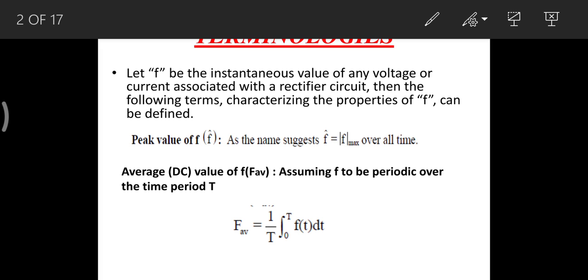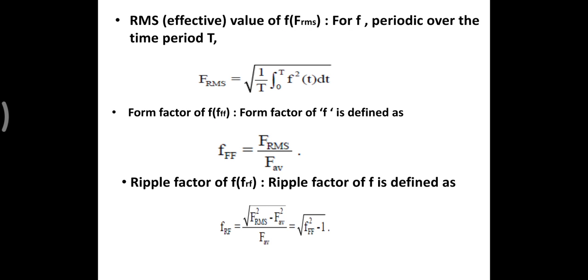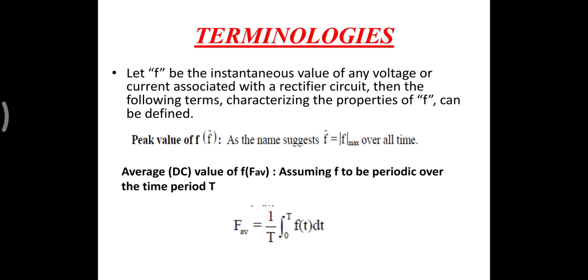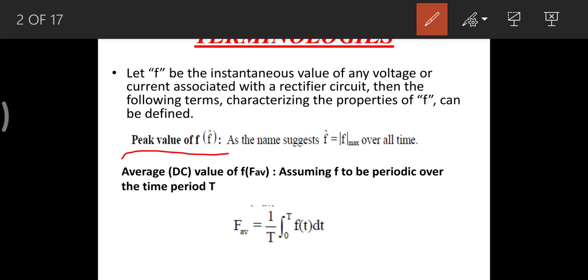Let us see the first one, the peak value of f, that is, the peak value of the function f. It is denoted by f cap. Its name itself indicates the highest value in the given function. So f cap is nothing but the maximum value in the given function.